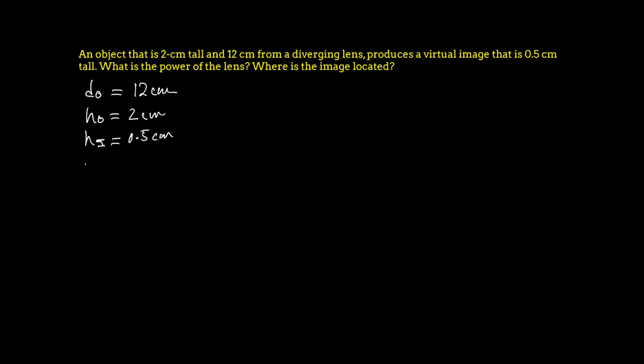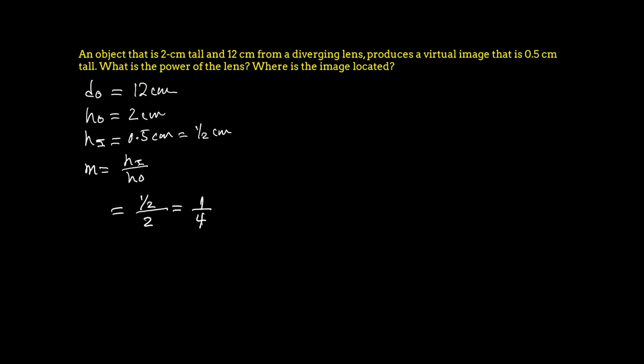Automatically from that, we get the magnification, HI over HO. This could be written as a half centimeter. So the magnification could be written as 1/2 over HO, which is 2. So that's a quarter. So magnification is a quarter.